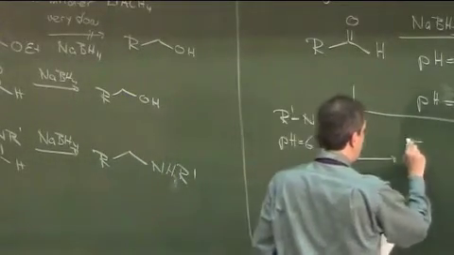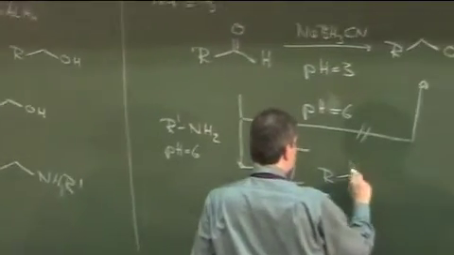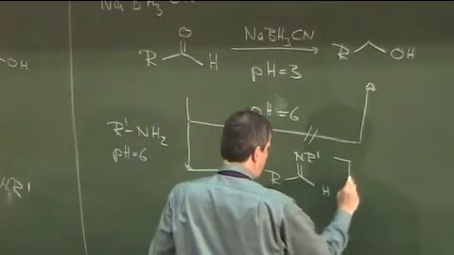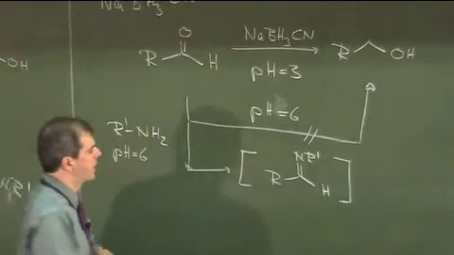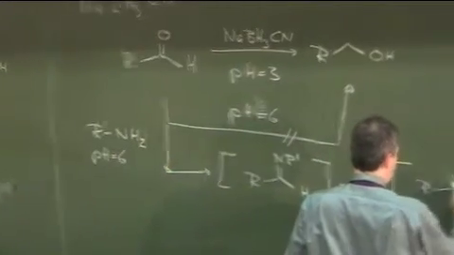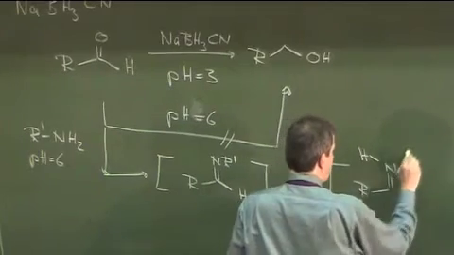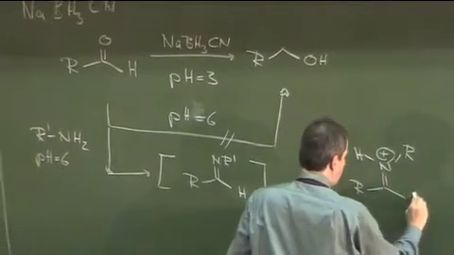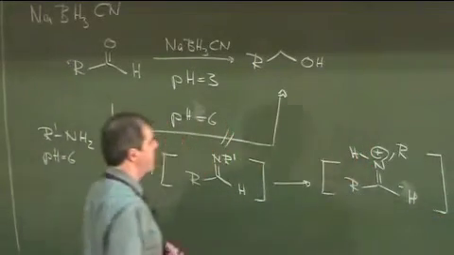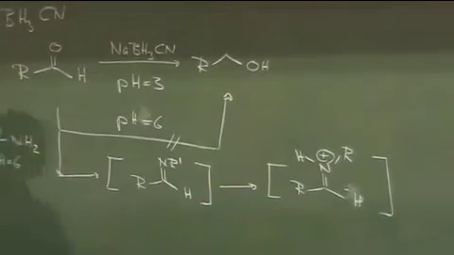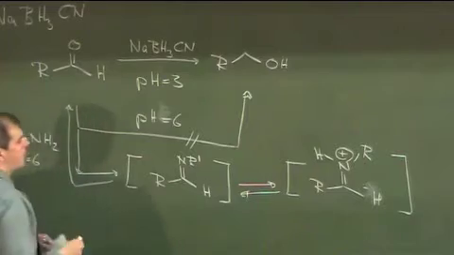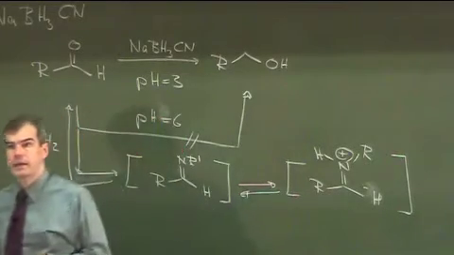So this way, you create quite effectively your imine, which under these pH conditions, and here's the trick why you need the acidic pH, will also be in equilibrium with the iminium cation.